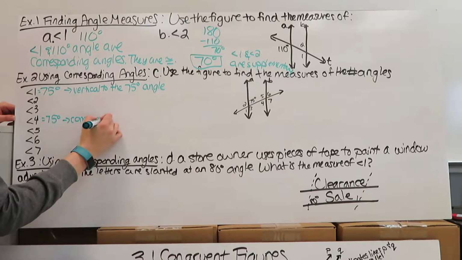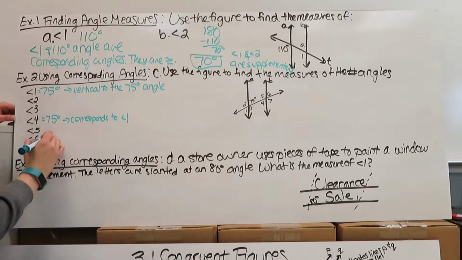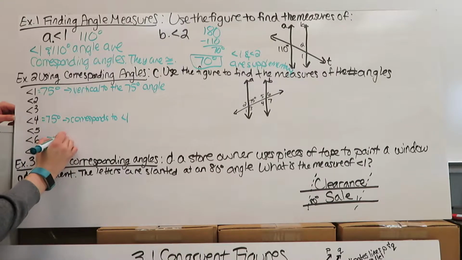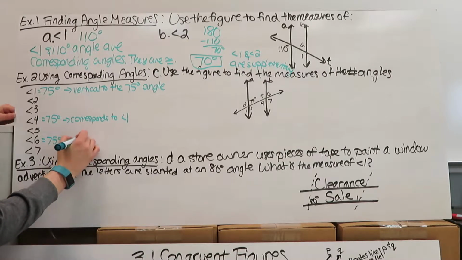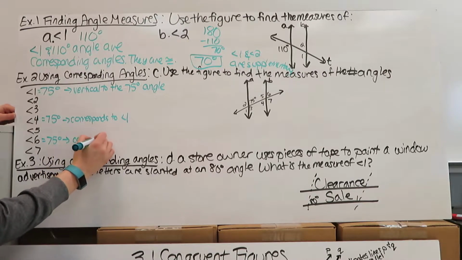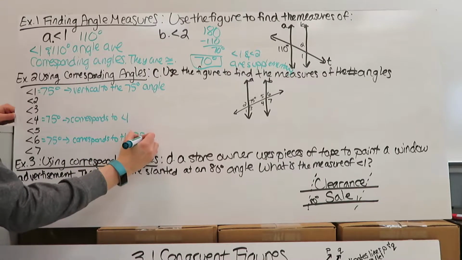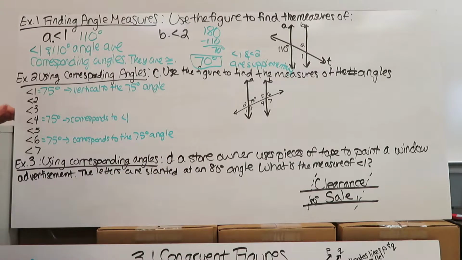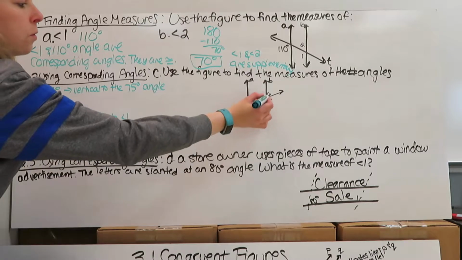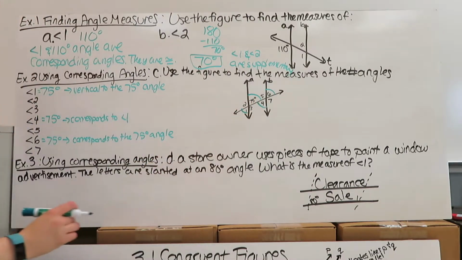Corresponds to angle 1. Then angle 6 is 75 degrees. This one corresponds to the 75 degree angle. So there are a total of 4 75 degree angles. That's 1, 4, 6. So I can actually go in and I can do this with that color.